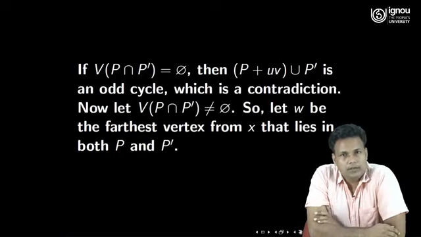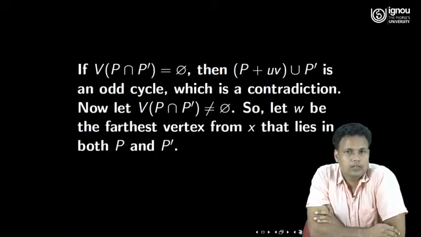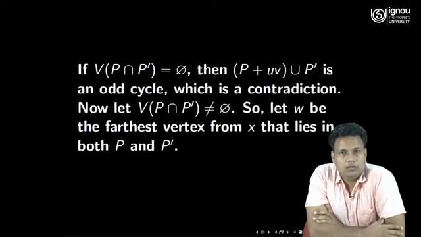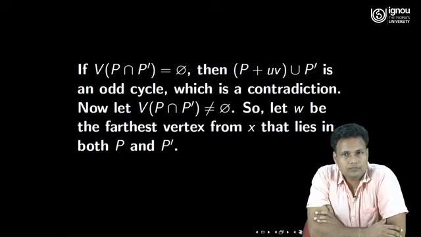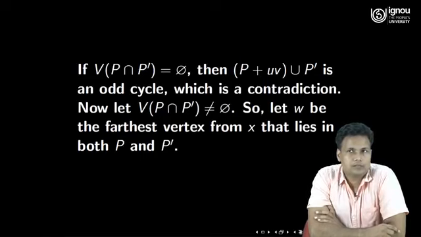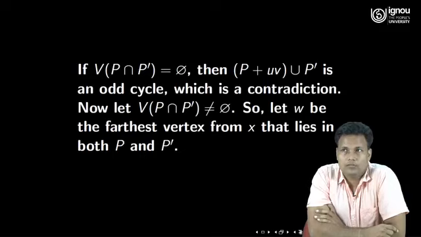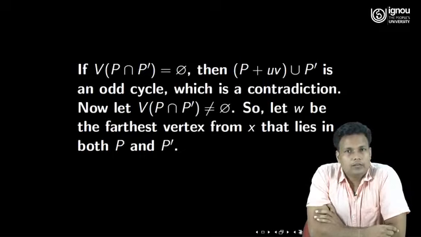Now, let us assume that P and P dash have some vertex in common. We are interested only in the vertex which is farthest from X. So, let us take W to be the farthest vertex from X that lies in both P and P dash.